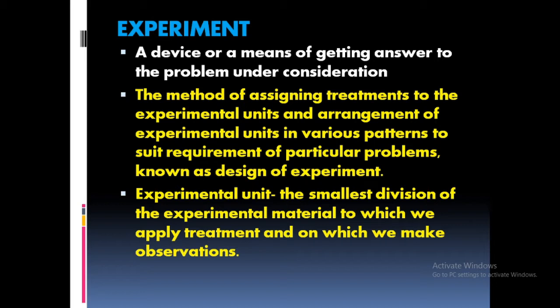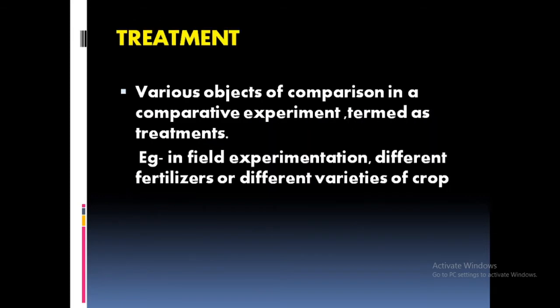How you are arranging your experimental unit to give the treatment, how you are arranging your birds to give the diet. The various ways you are using for this, how you will design this to get a better result, is known as what? Experimental design.